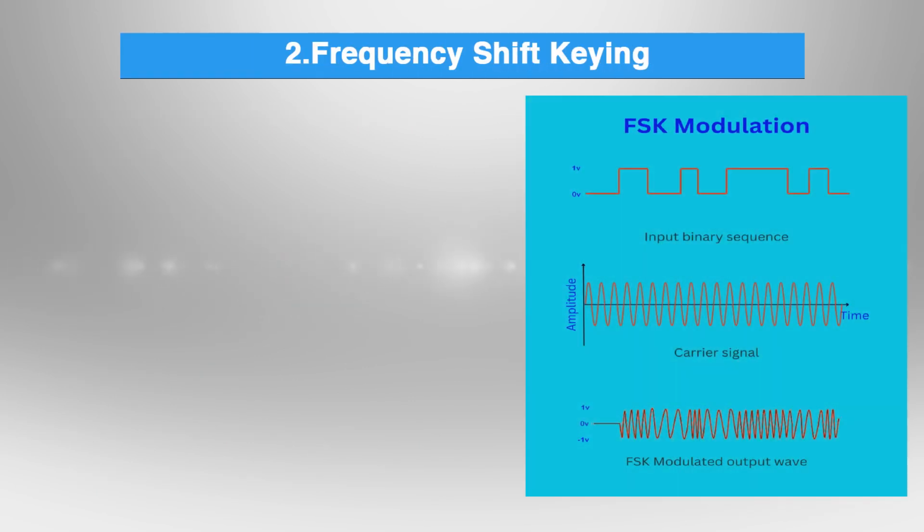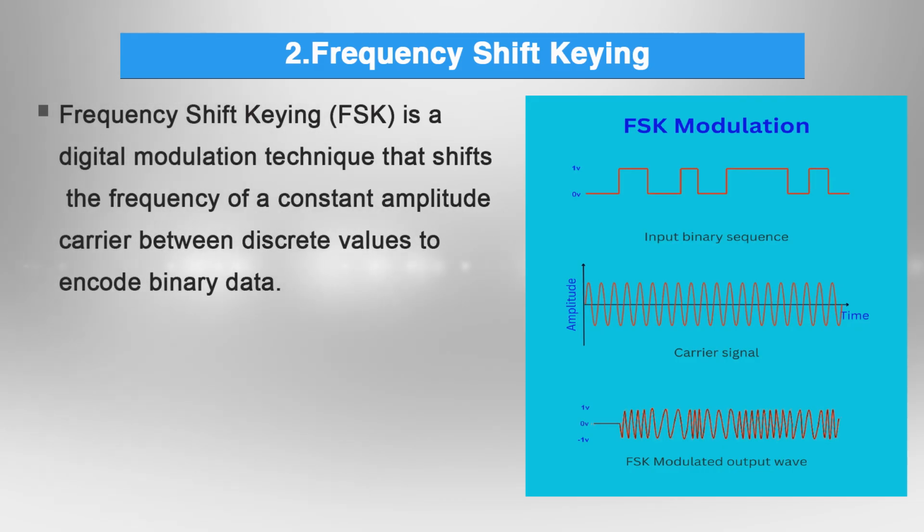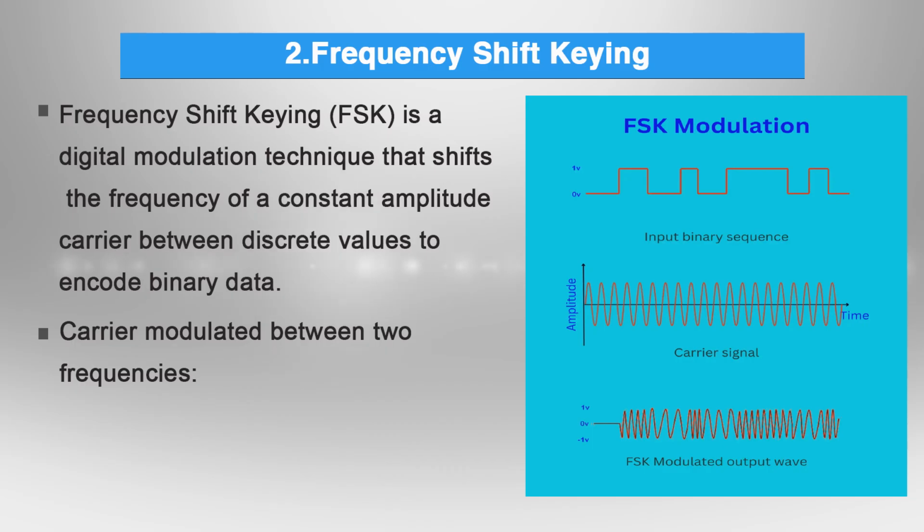Second type of shift keying is frequency shift keying. Frequency shift keying (FSK) is a digital modulation technique that shifts the frequency of a constant amplitude carrier between discrete values to encode binary data. The carrier is modulated between two frequencies.